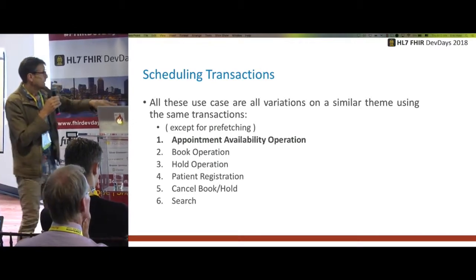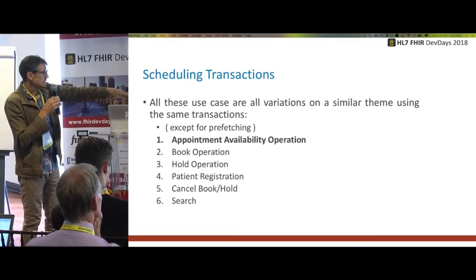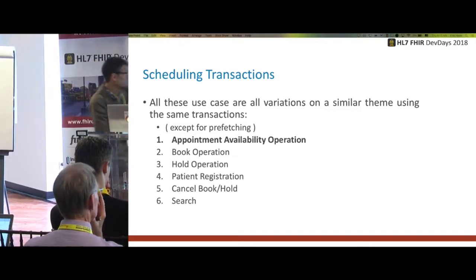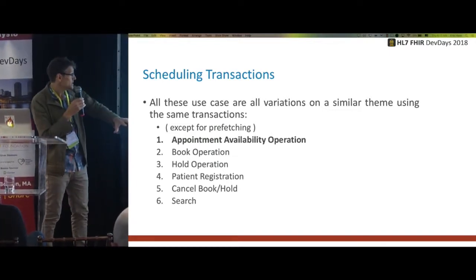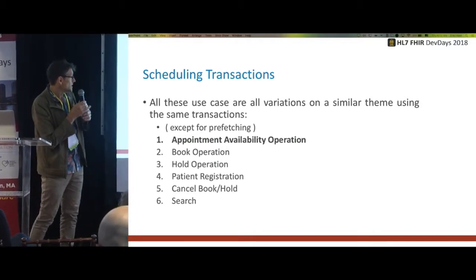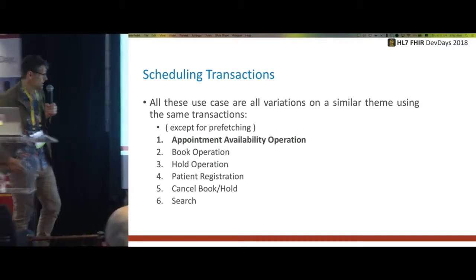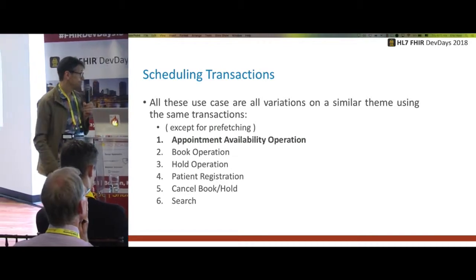Prefetching is a little different, but they all use these same basic transactions. You have these 7 steps you can do in any of these scenarios, the key one being the appointment availability operation, which is highlighted. That's kind of the linchpin here.